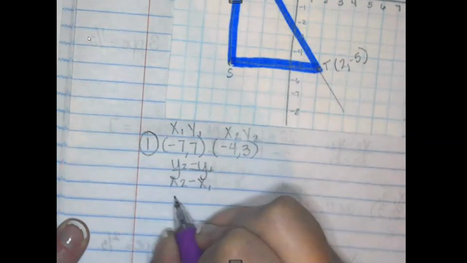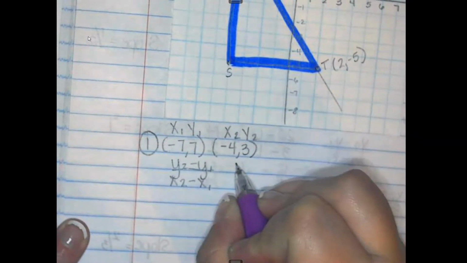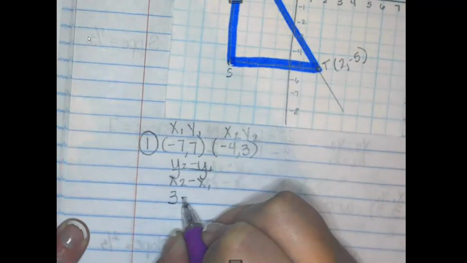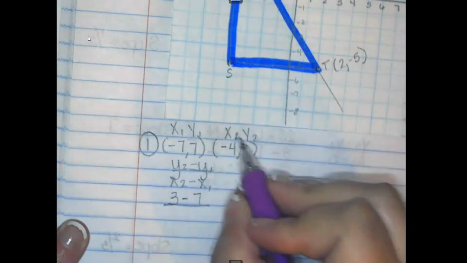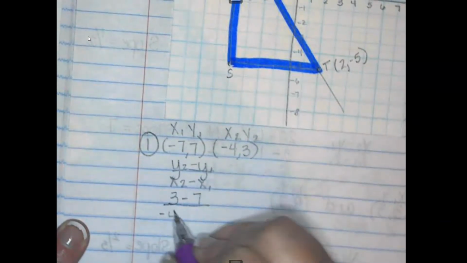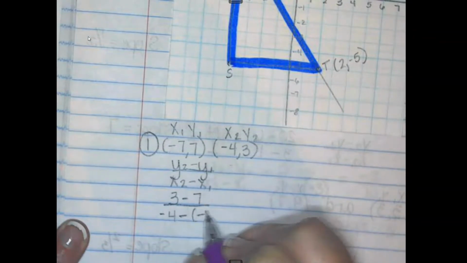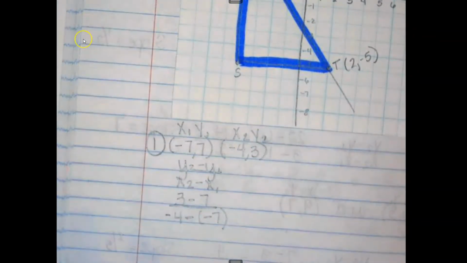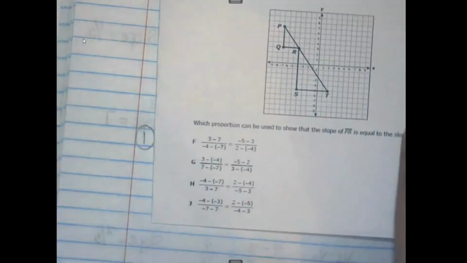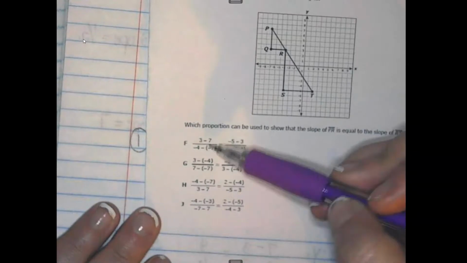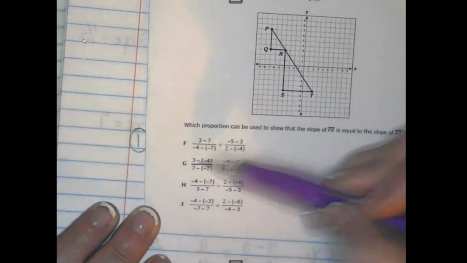So Y2 is, let's do it under it, 3 minus 7. And then X2 was -4 minus -7. I'm actually going to leave it there. And I'm going to show you why I'm going to leave it there. Because if I look at my answer choices, you can see it left it in plugged in form. Okay?